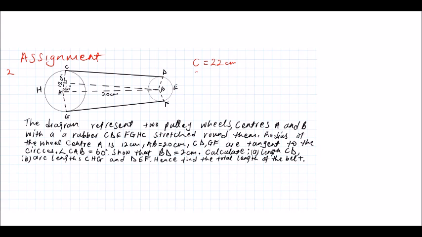But where you went wrong is you did not answer the question. Calculate the distance between the tangent and the chord. So what is the distance between the tangent and the chord? 9. So the answer should have been 9.